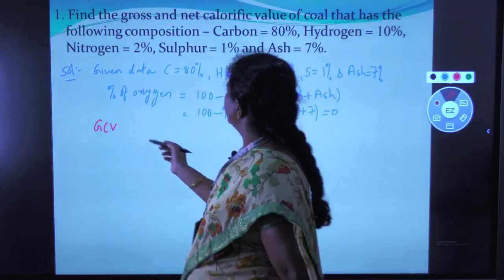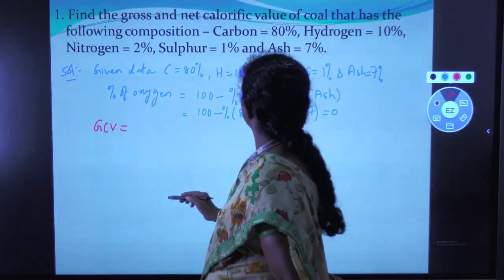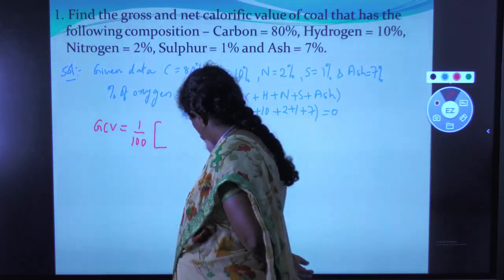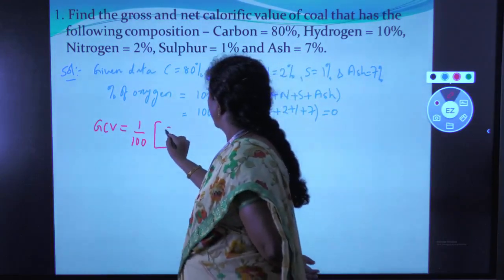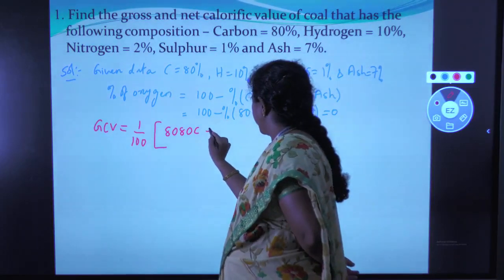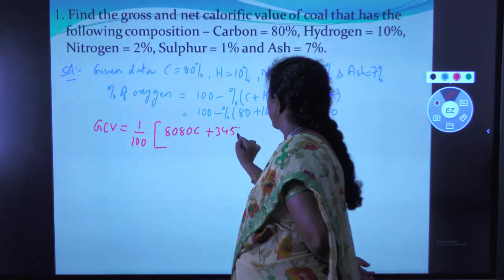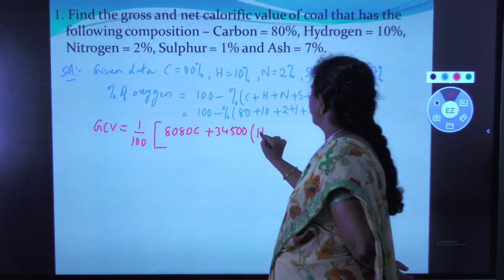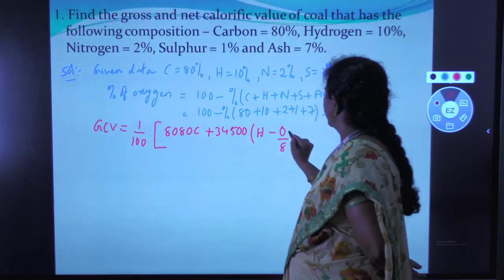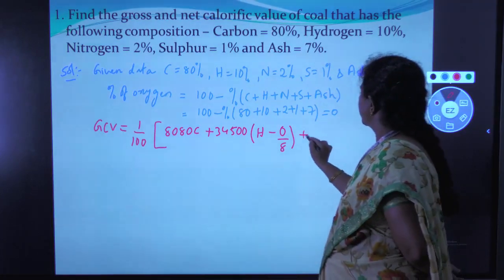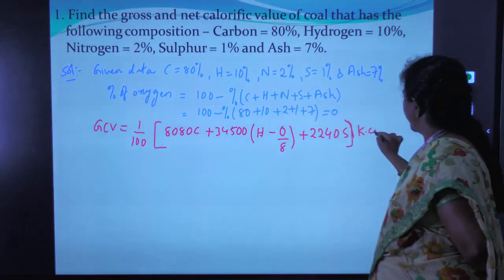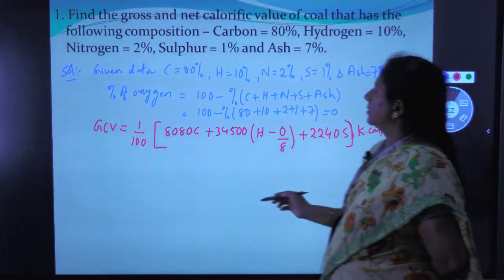So gross calorific value is equal to 1 by 100 into 8080 carbon plus 34,500 hydrogen minus oxygen by 8 plus 2240 into sulfur kilocalorie per kilogram.